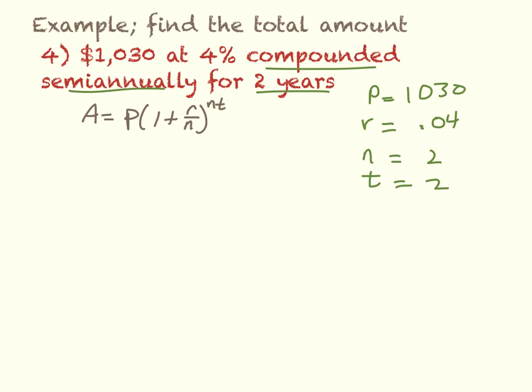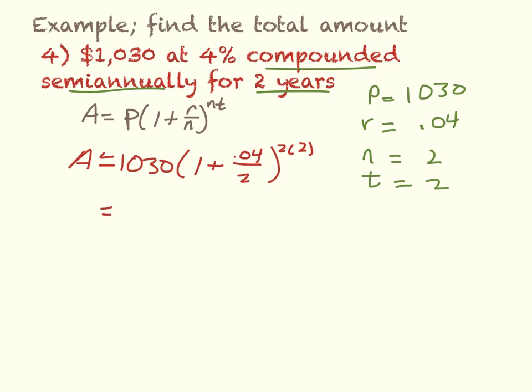So I just fill in what I know. A equals my principal, 1,030, times 1 plus 0.04 divided by N, which is 2, to the power of N, which is 2, times T, which is 2.